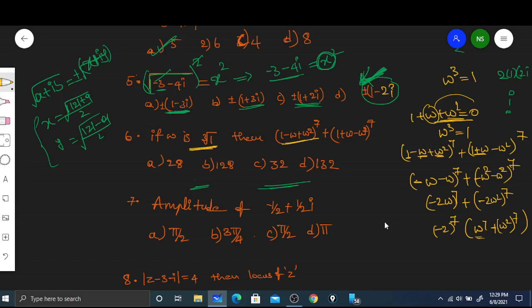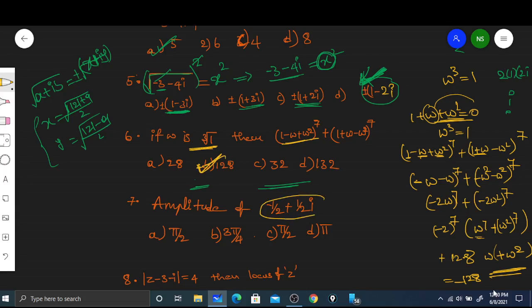Minus 2 power 7 is minus 128. Here we will get omega plus omega square, whose value is minus 1, so finally we get plus 128. So this is the correct option.